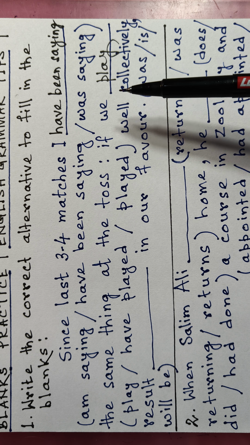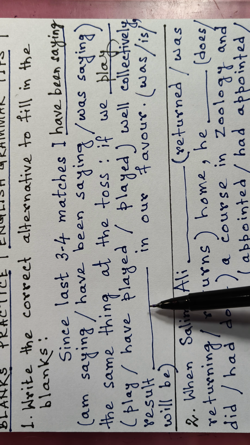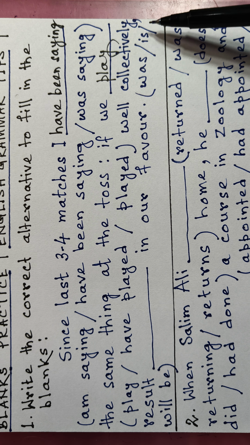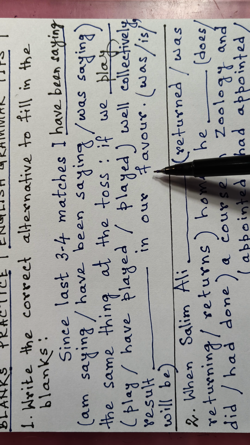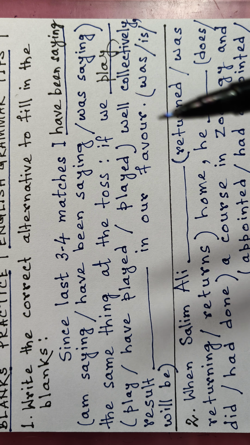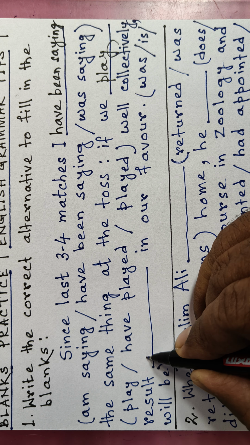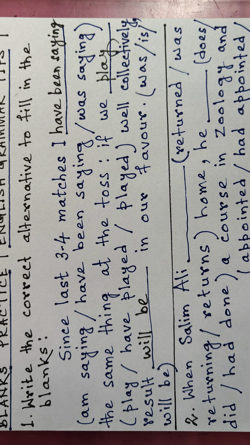If we play well collectively, result dash, was, is, or will be in our favor. And the correct answer is will be in our favor. The result is in the future.